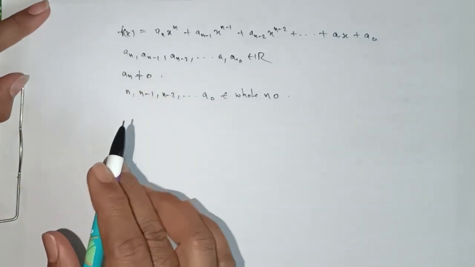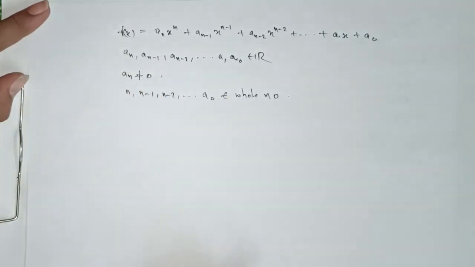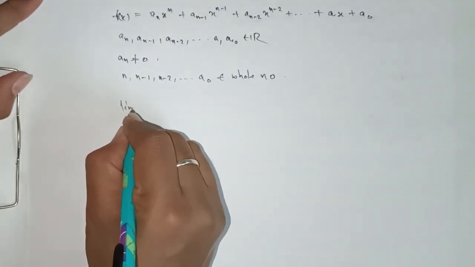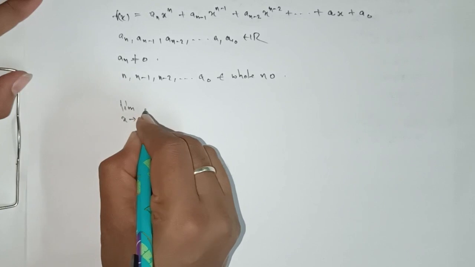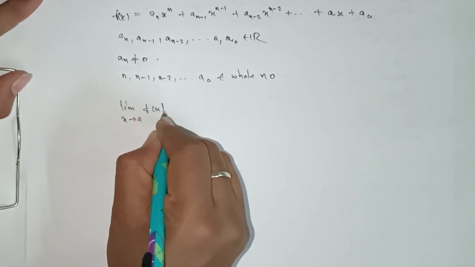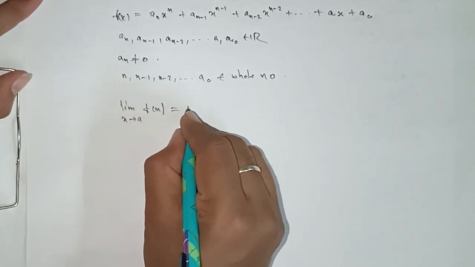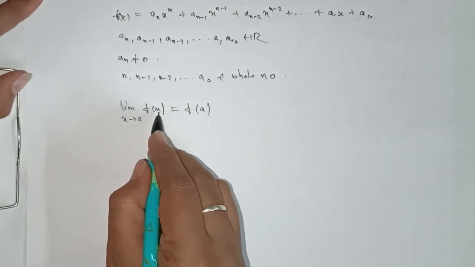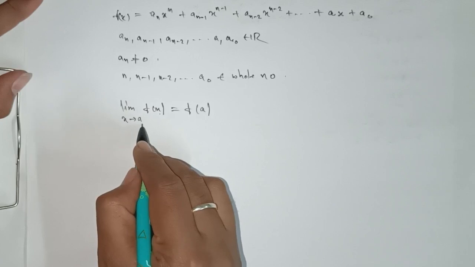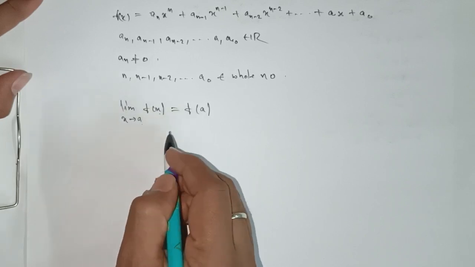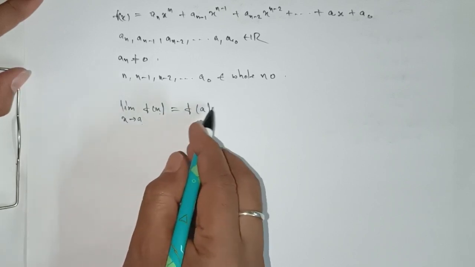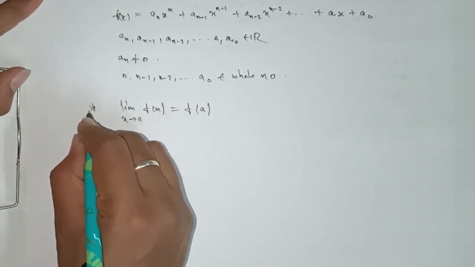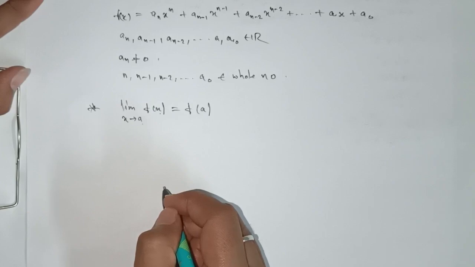If f of x is a polynomial function, then one property of limit exists: limit of f of x as x tends to a can be written as f of a. That means the limit of function f of x as x tends to a equals the functional value of the function at x equals a.